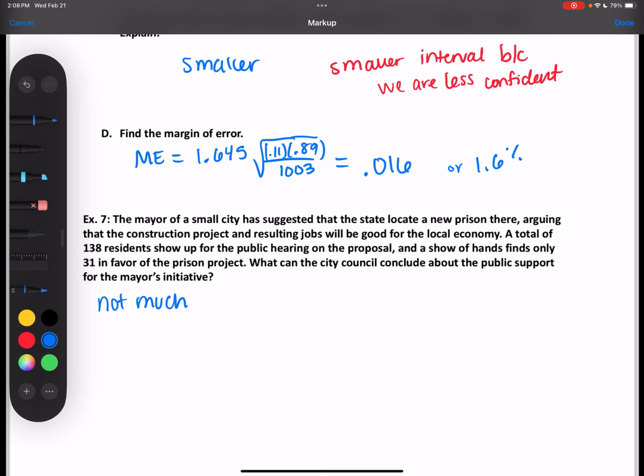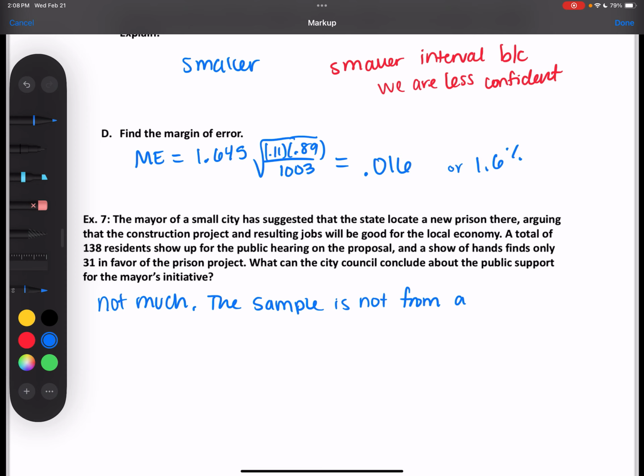We usually use representative ones anyway, but because of the bias that came with this one, it represents too much of one part of the population. Potentially, yes, because only the people who really care about this topic are going to come.